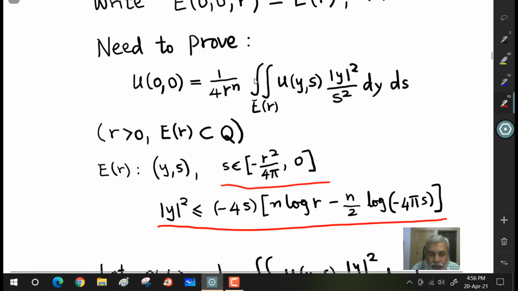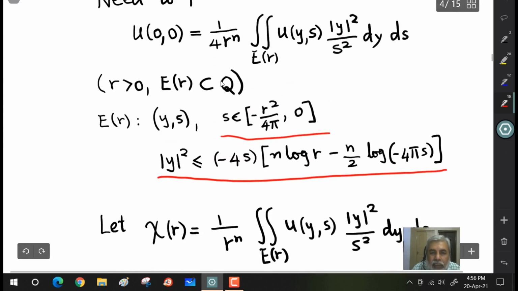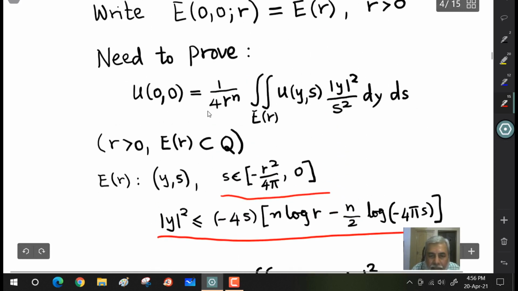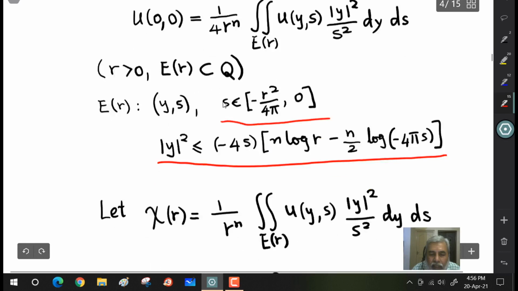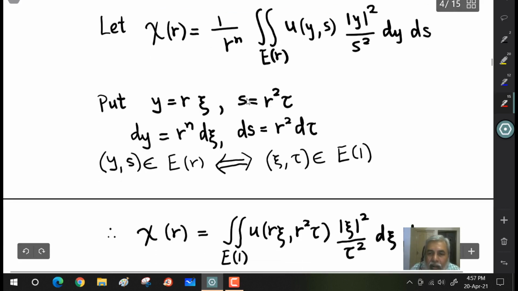So the idea of the proof is you consider this function chi of r. It is the same as the right hand side except for the factor 4, that's a constant, so just omit it for the time being. The idea is to show that this function chi of r, as a function of r, is a constant, and that will immediately deduce the result.